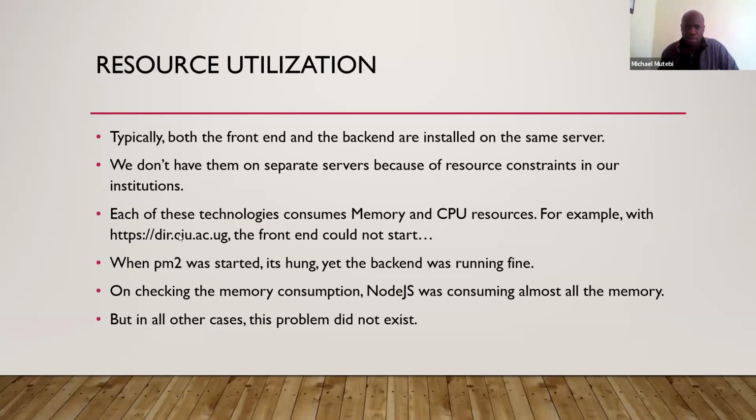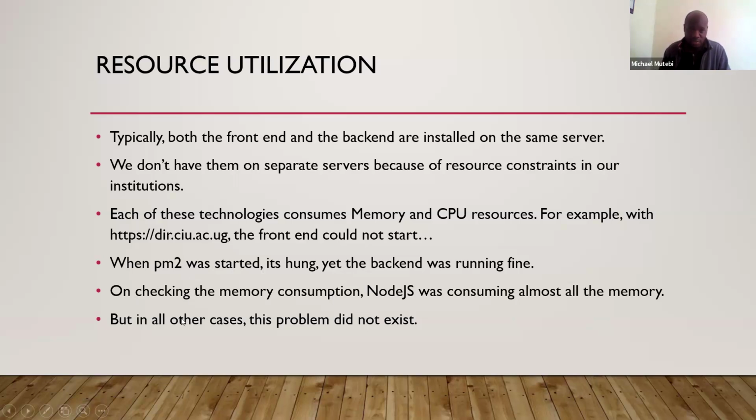For example, there is a repository for Clark University, which when I installed, I put the back end and the front end on the same server. And when I started the front end by running PM2, the front end just hung, it couldn't start. But the back end was working fine.